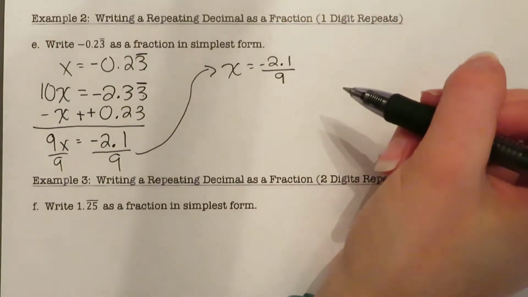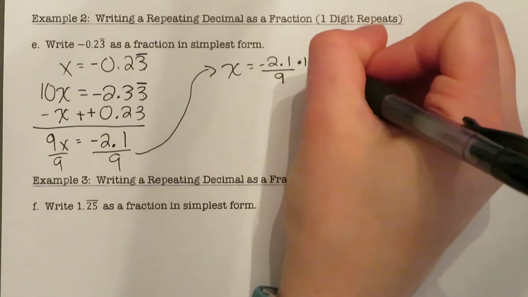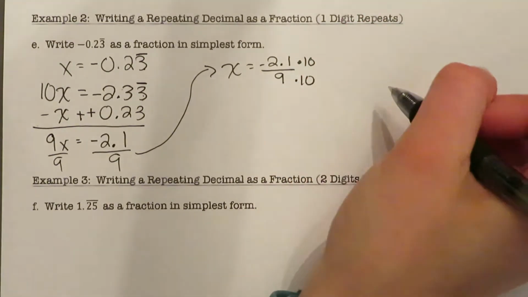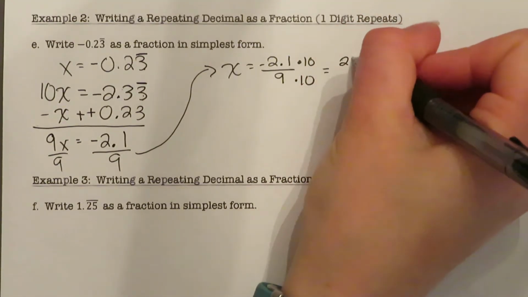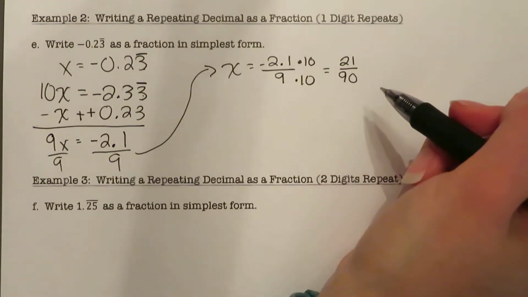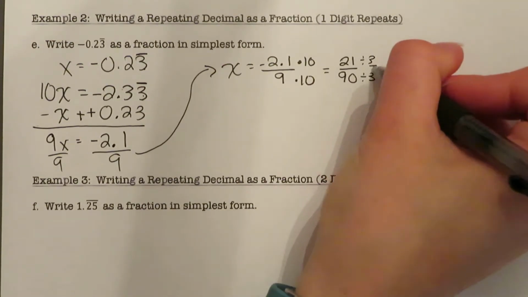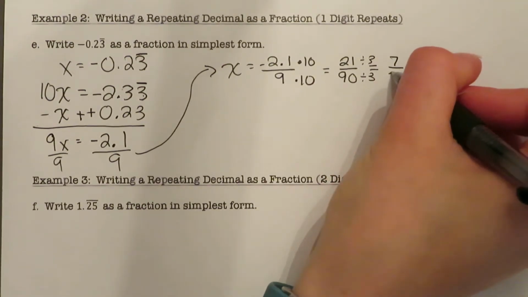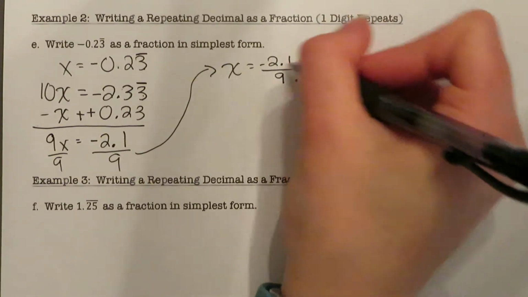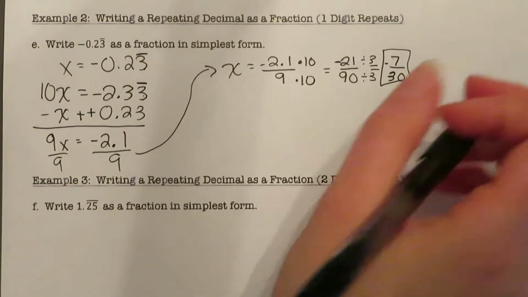You can't have a decimal as part of your fraction, so I'm going to multiply this whole fraction by 10 to get this to just be 21 divided by 90. That means I don't have a decimal anymore, and then I can simplify. Divide by 3. You have 7/30. Ooh, I forgot to continue with my negative. So negative 7/30 is my answer.